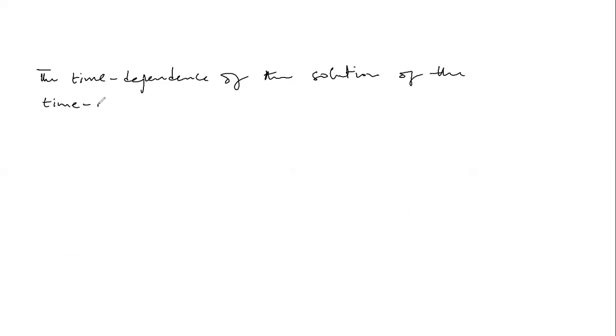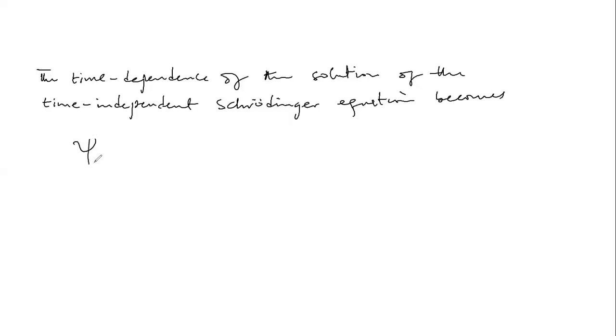So from the foregoing, the time dependence of the solution of the time-independent Schrodinger equation becomes psi_En(r,t) equals u_En(r) e^(-jEt/h-bar), which is the same as psi_En(r) e^(-jEt/h-bar).